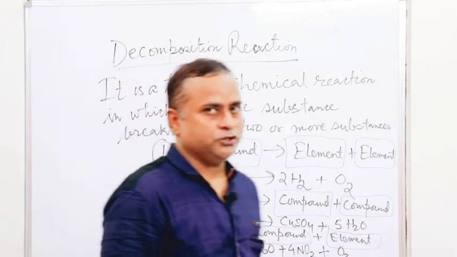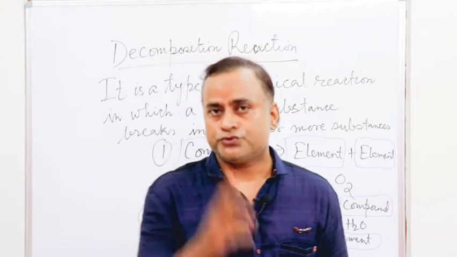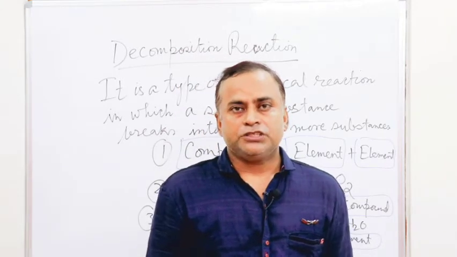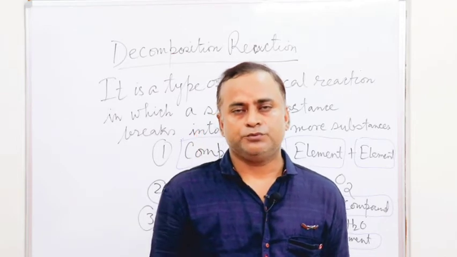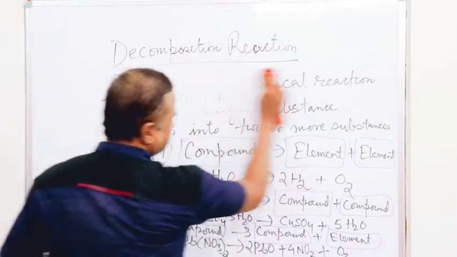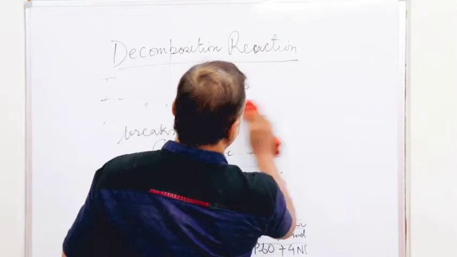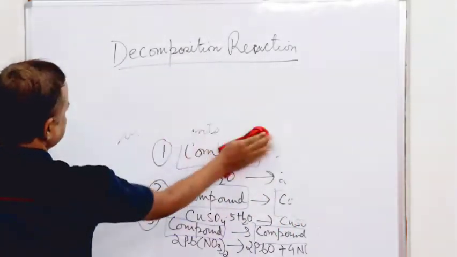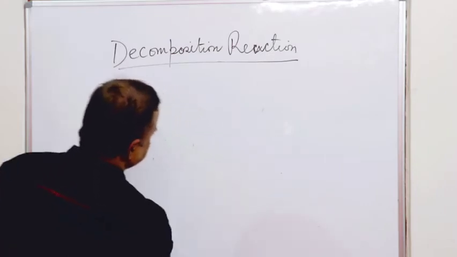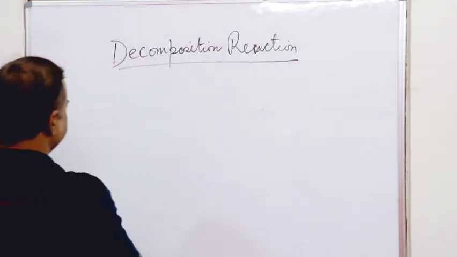Now, classification of decomposition reaction. Decomposition reactions are further classified into 3 types. Number 1, thermal decomposition. Number 2, photochemical decomposition. And number 3, electrochemical decomposition. So let's see the types of decomposition reaction. As I said, there are 3 types.